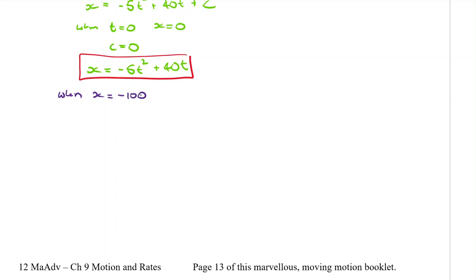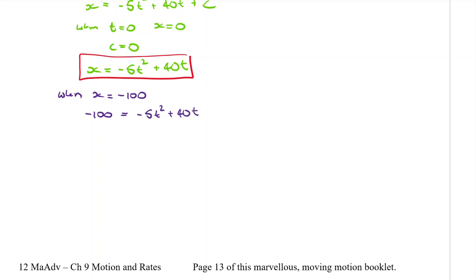This is just one direction. Okay, so we're subbing in that x is equal to minus 100 into our displacement equation, which means negative 100 equals, our displacement equation was minus 5t squared plus 40t. And I need to find t.